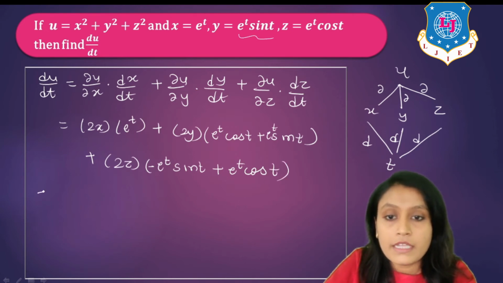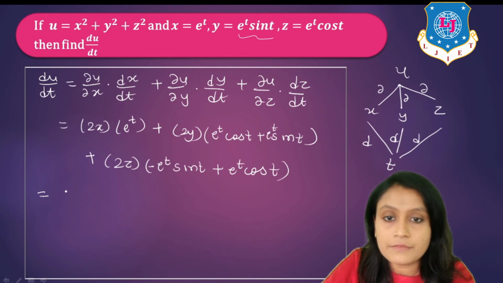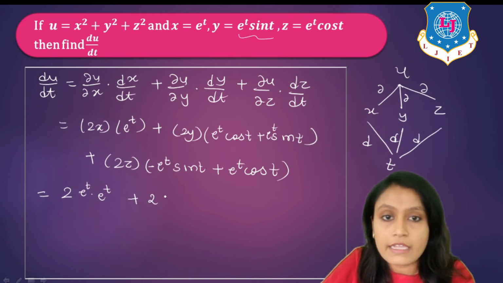Okay, now in place of x we have to write e raised to t, in place of y e raised to t sin t, in place of z e raised to t cos t, and we have to just simplify. Okay, so what you will get here? 2 into e raised to t into e raised to t. Okay, plus 2y, in place of y just write down e raised to t sin t.